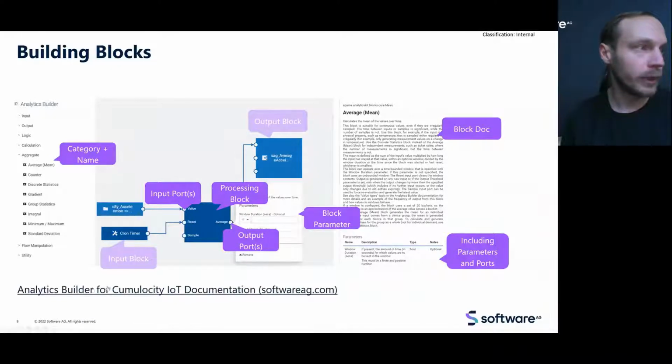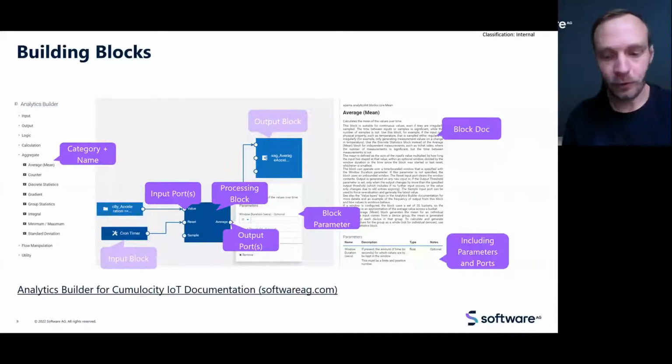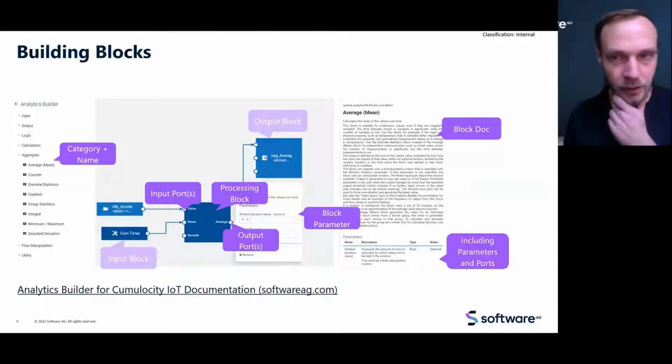So here again is the Analytics Builder block link. The GitHub page also contains a lot of good documentation, step by step. The first step is just creating a skeleton for our block.